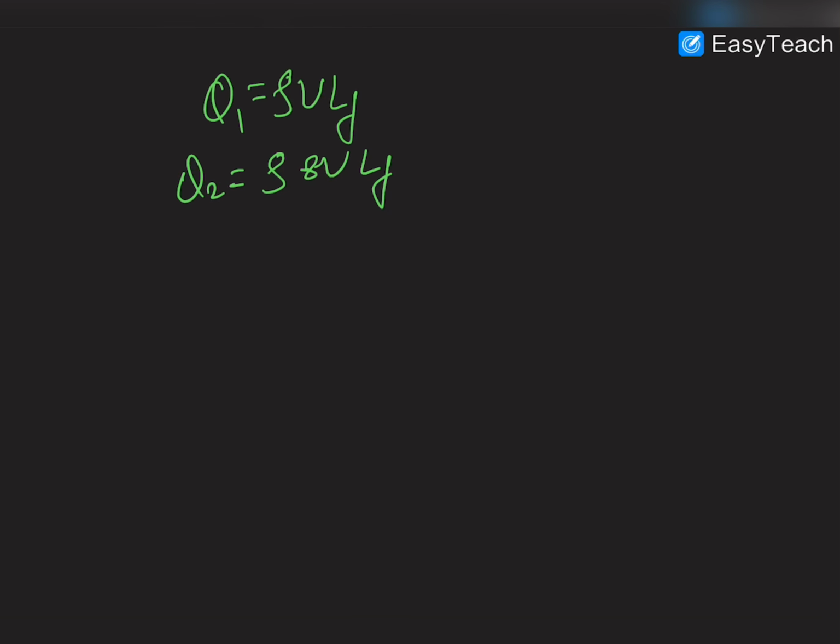So we can say that dQ1 by dt is Q1 by t1, and dQ2 by dt is Q2 by t2.